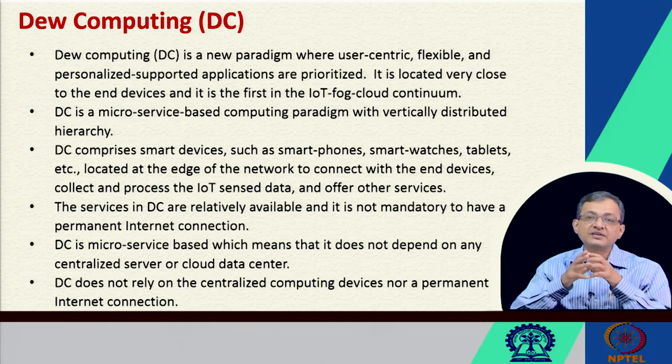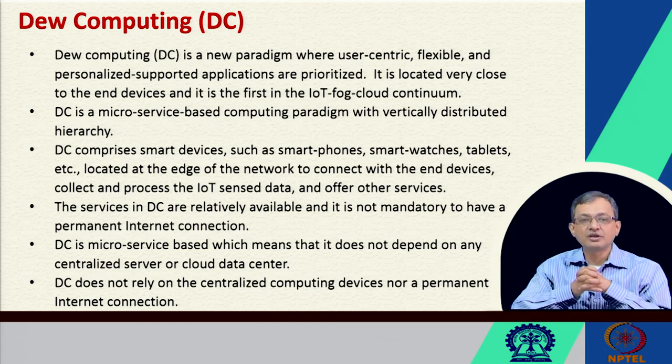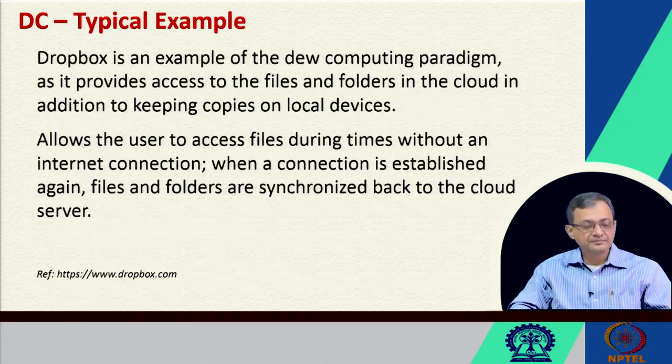It does not depend on any centralized control or cloud type of things. Though it requires syncing with the cloud infrastructure or cloud data center, it is not fully dependent on that. So, DC does not rely on centralized computing devices nor a permanent network connectivity to work, right.